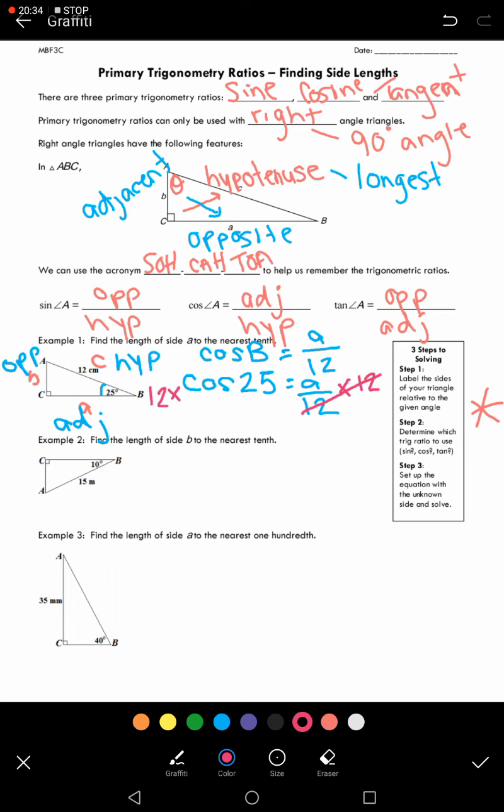Okay? At this point, it's kind of personal preference. You could absolutely type in your calculator 12 times cos 25. Okay? Or you could solve for cos 25 first.